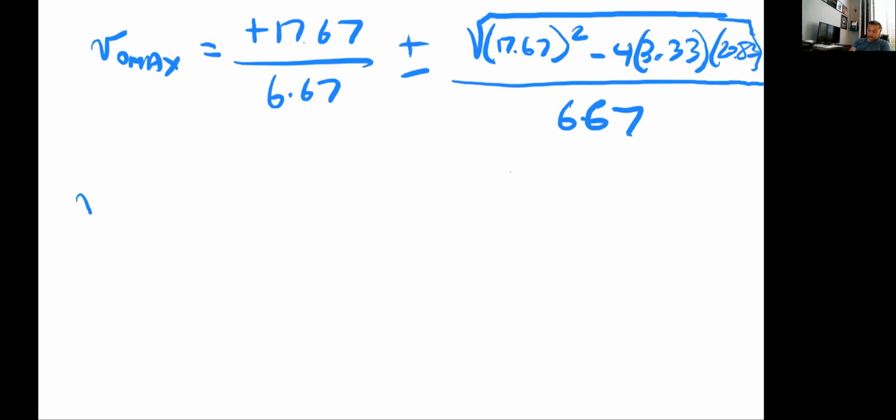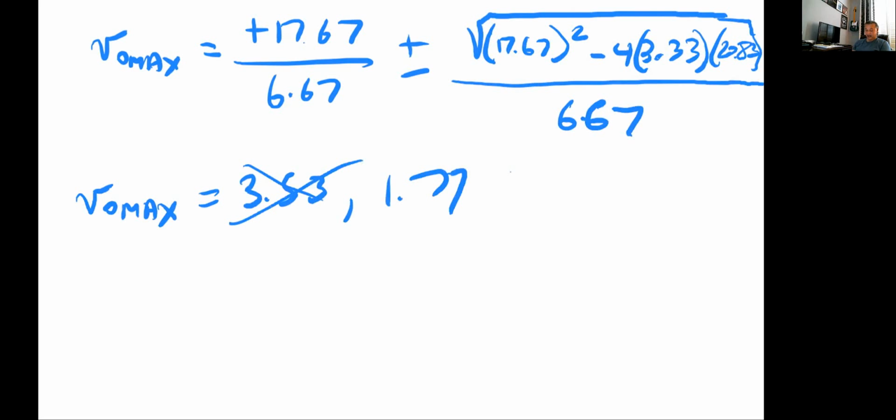So then I get that the possible values of VO max are 3.53 and 1.77. So obviously 3.53 is not valid because VDD is 2.5. I can never have an output voltage that is greater than VDD. So our VO max is going to be 1.77 volts.